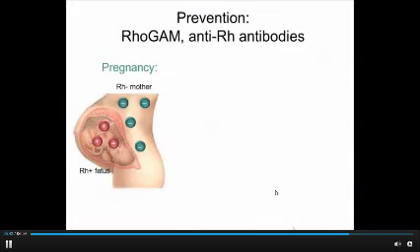Now, can they prevent that? Absolutely. With every delivery for an Rh negative mother and Rh positive child, the exchange of the red blood cells will occur. So we know that the mother is going to be exposed to Rh positive red blood cells.